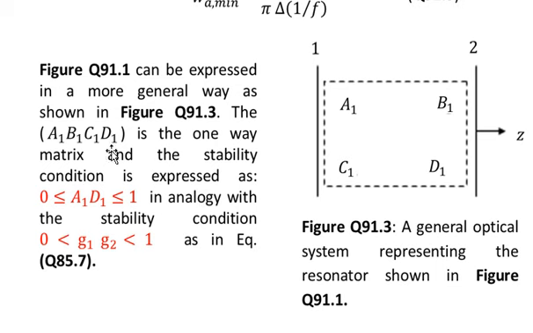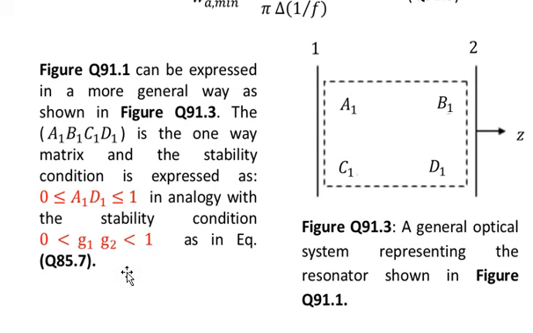The A1, B1, C1, D1 is the one-way matrix, and the stability condition is expressed as A1 D1 greater than or equal to 0 and less than or equal to 1, in analogy with the stability condition shown in g parameters as the product of g1 and g2 is greater than 0 and less than 1.